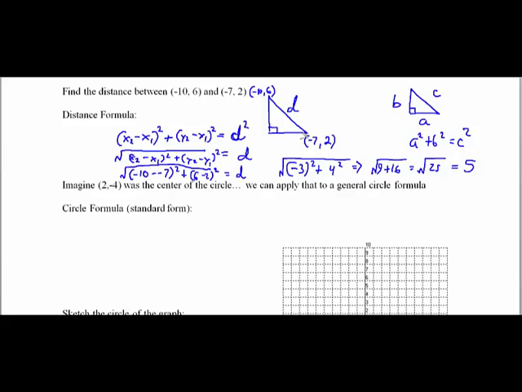Now, what you have to imagine, though, is this point, (-7, 2). Imagine if we took a nail and hammered a nail into that spot, and this distance d was fixed, but allowed to spin around that center dot.